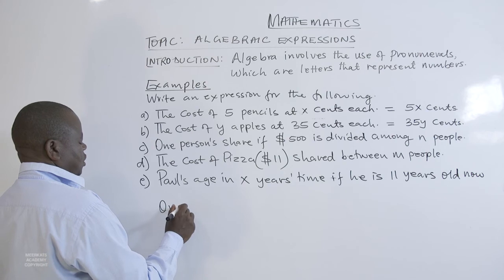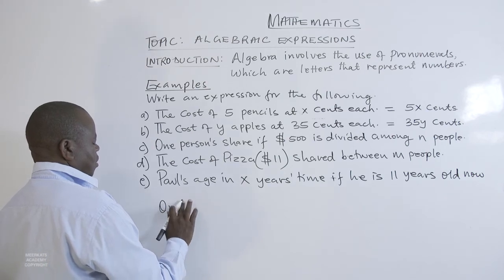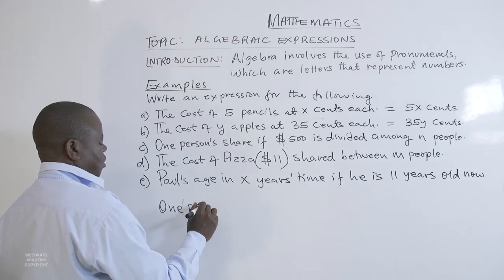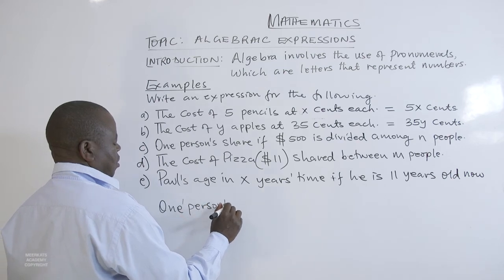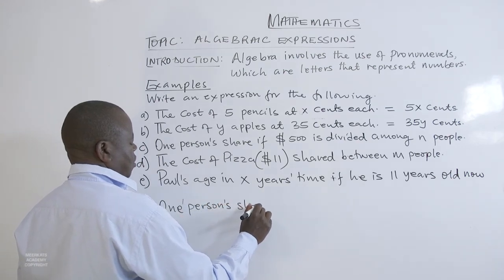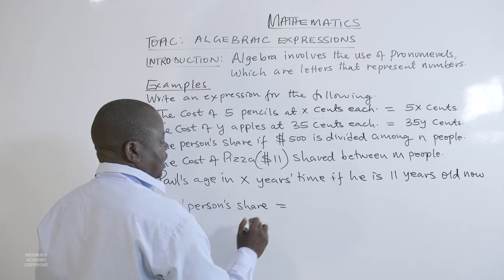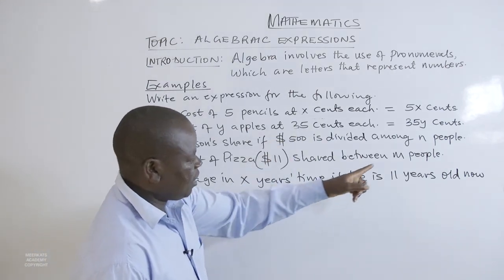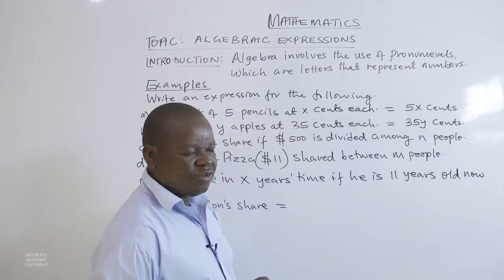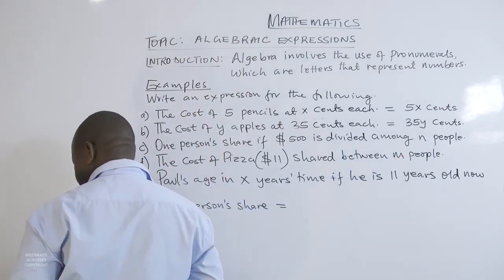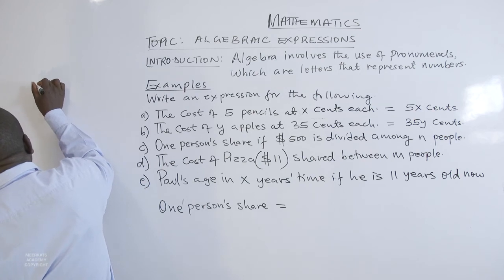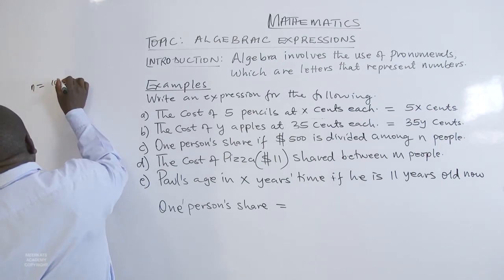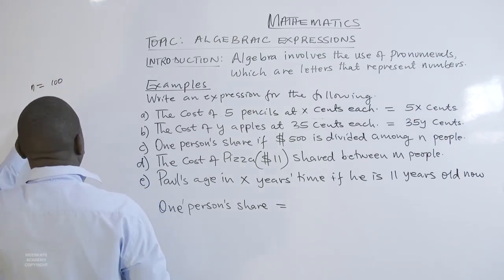So one person's share is given by the amount they are given to divide, divided by the number of people we have. So for example, this n can be 100 people, and we have $500.